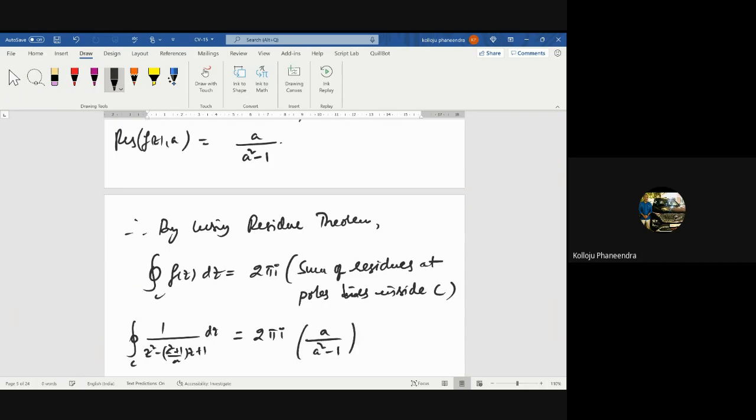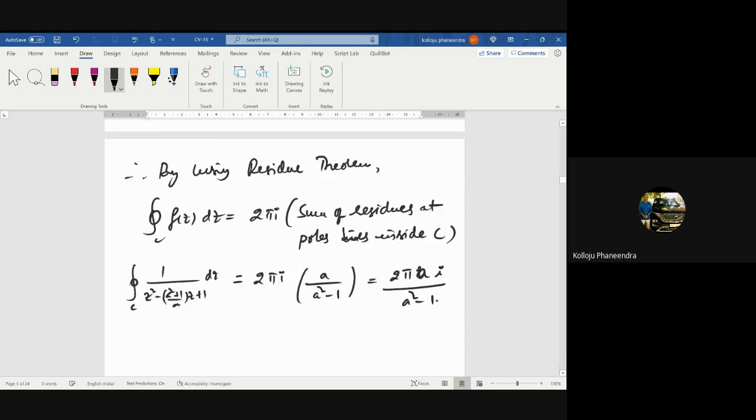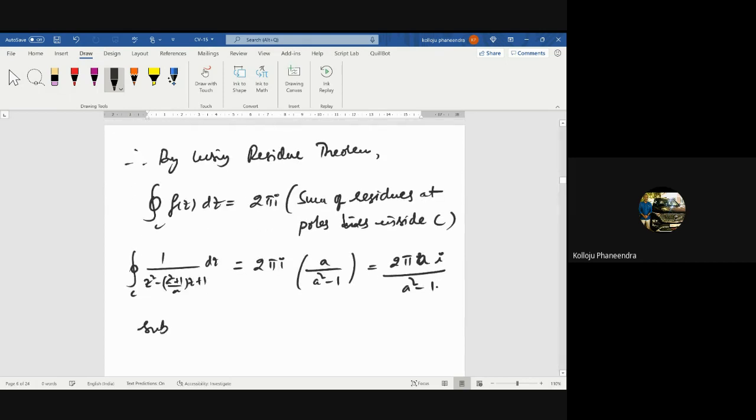So let us write that. This value is 2 pi ai by a square minus 1. This value is over. Now substitute this value in equation 1.